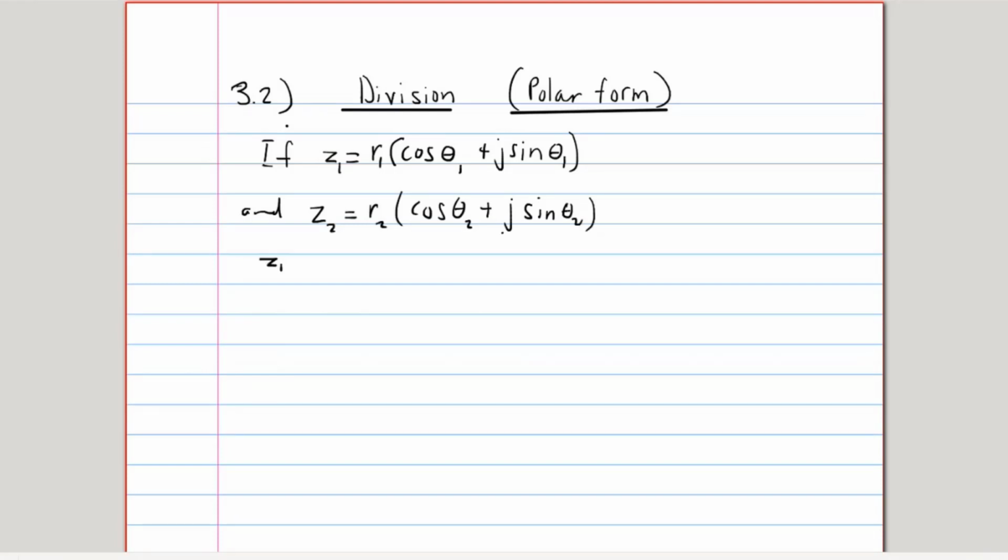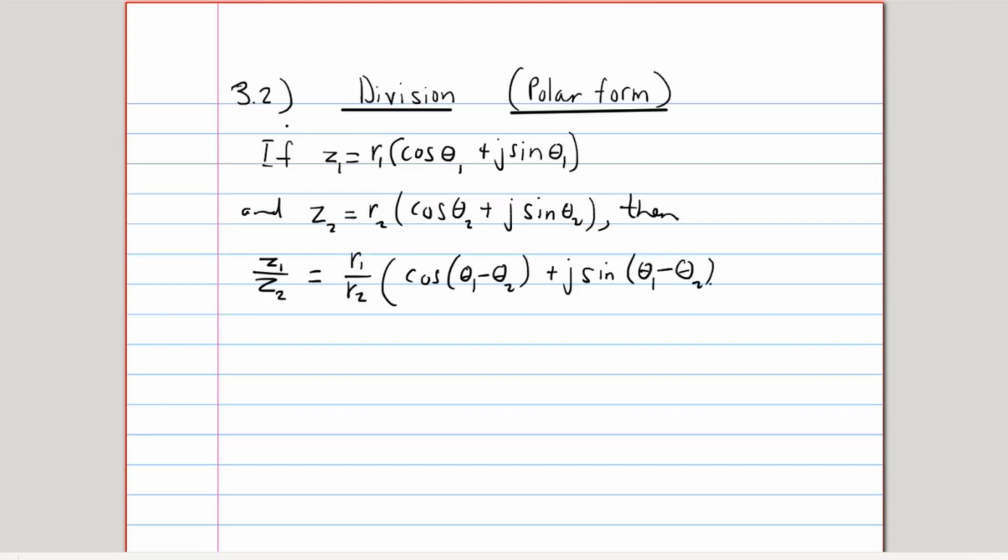Then Z1 divided by Z2, the quotient of those two numbers, can be written as R1 divided by R2, and it's cos (theta 1 minus theta 2) plus J sine (theta 1 minus theta 2). So there's subtraction occurring, not addition.